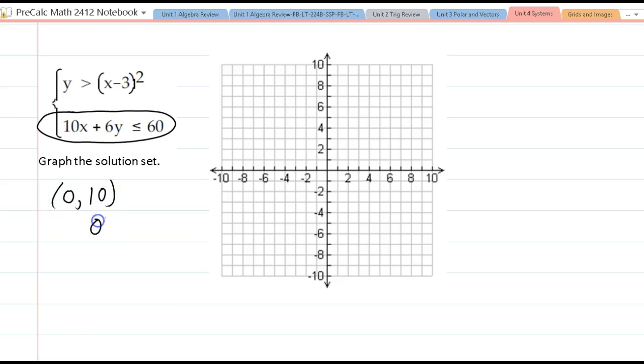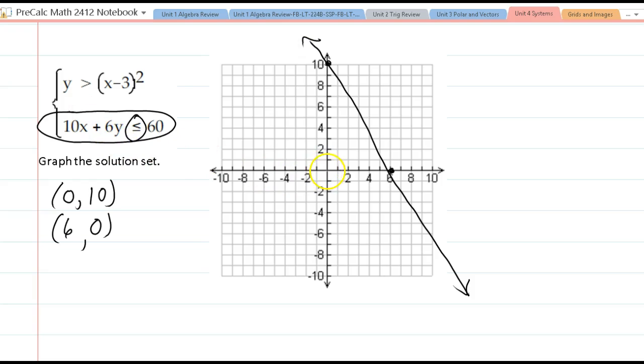And if I let y equal 0, I get 10x equal to 60, so x must equal 6. So we're going to have a solid line, because that is an equal to, from (0, 10) all the way to (6, 0). So pardon my non-straight edge line. That's what we have here.